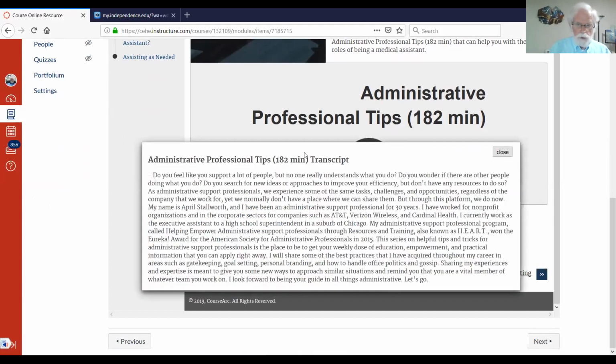It's written by an administrative support professional who's not worked in the medical field at all, but it does talk a lot about what the administrative professional does, or the person with administrative duties.